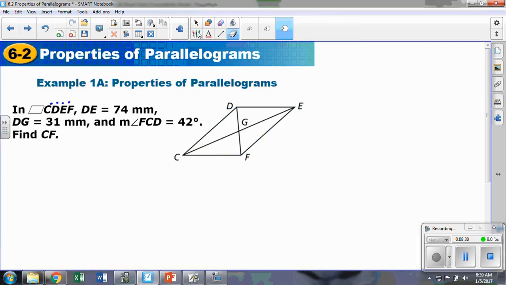So, DE is 74 millimeters. DG is 31 millimeters. The measure of angle FCD is 42. How big is CF?